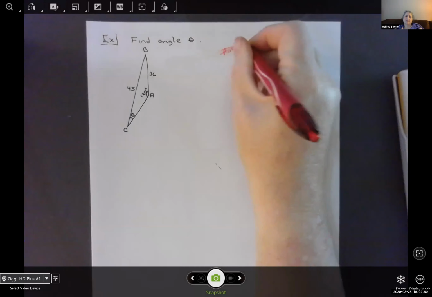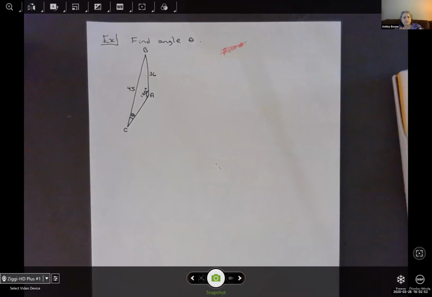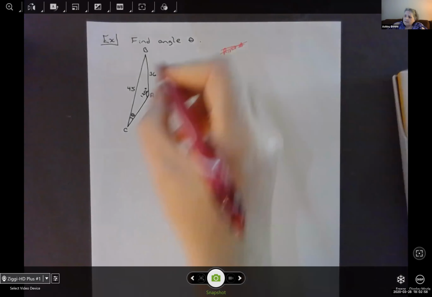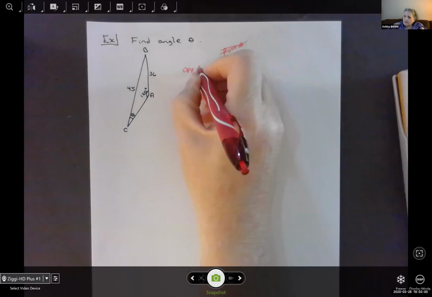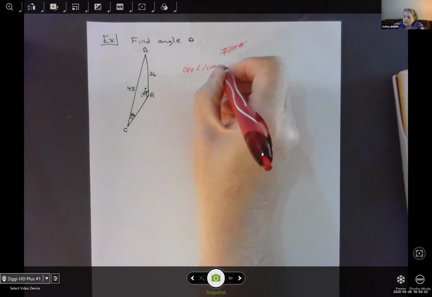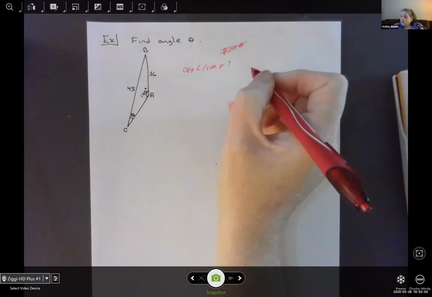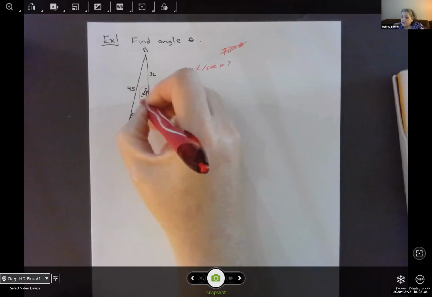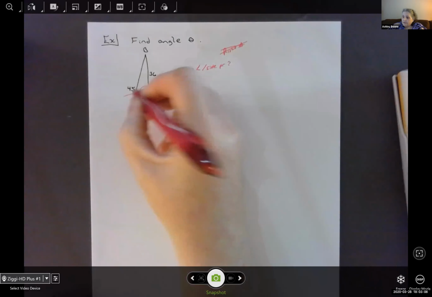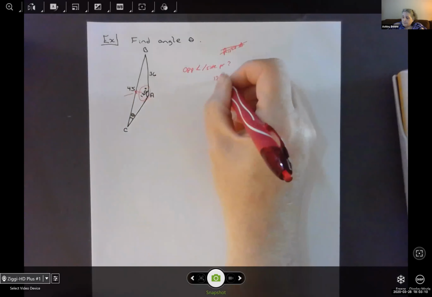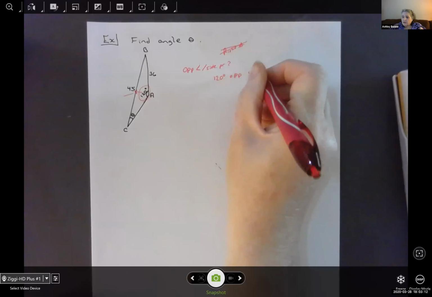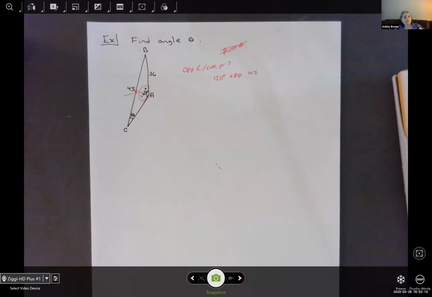In all these examples I'm looking at, I'm not going to have a right triangle, so we would just do it like we did in previous sections. Do we have an opposite angle-side pair? Well, we do. We have this 120 degrees here, which is opposite of 45. So we do have an opposite angle-side pair.